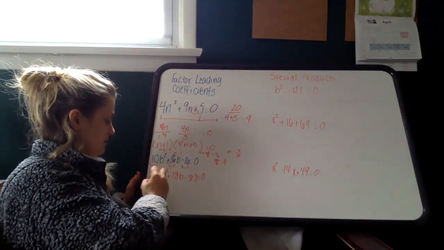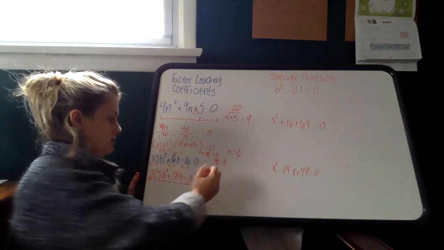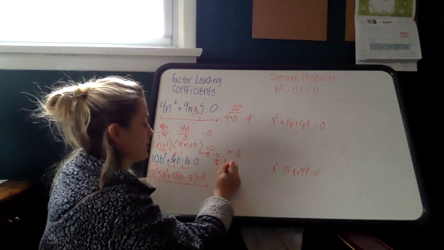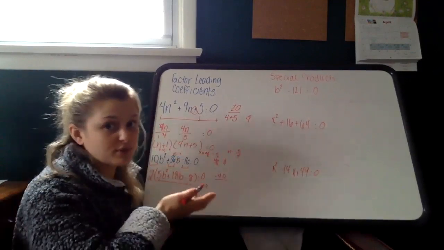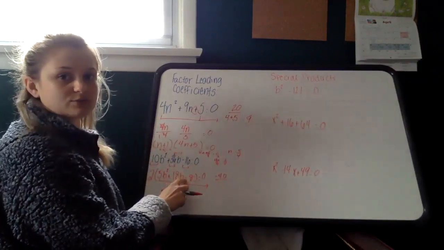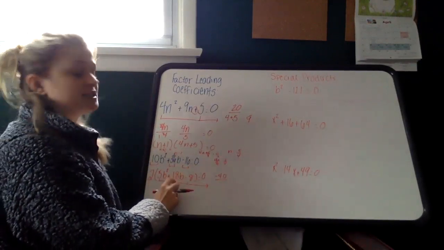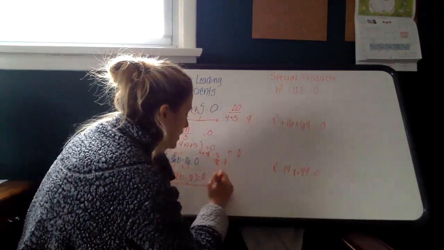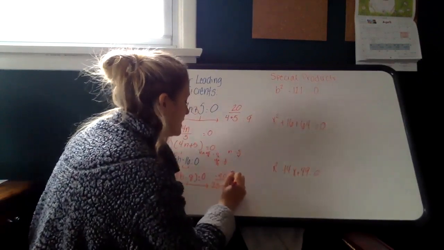Multiply the first digit by the last digit. So we have 5 times negative 8, which gives you negative 40. So now, what multiplies to be negative 40 and then subtracts, we're doing subtraction because of this minus sign, to be 18. In this case, you have 20 times negative 2.